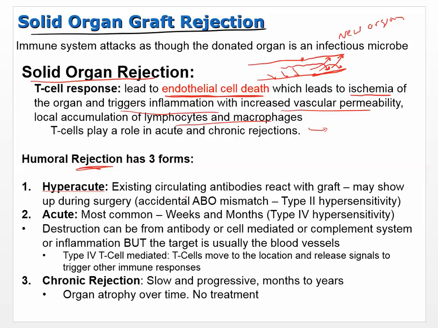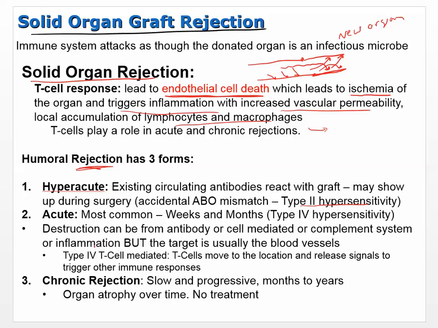Usually it's the blood type though. If they already have circulating antibodies, that may show up right in surgery, and that's a complete rejection. You have to stop the surgery. So that's more along the lines of a type 2 hypersensitivity.